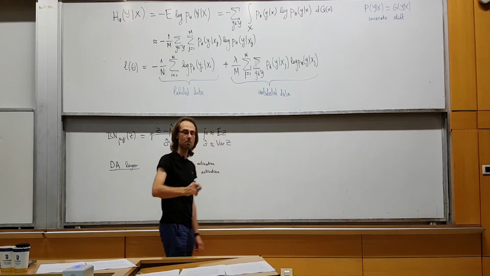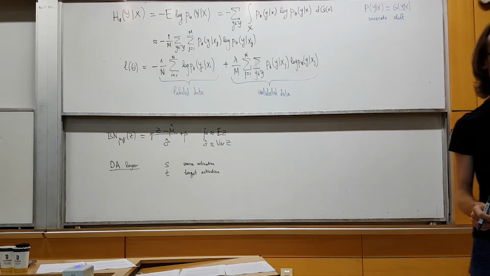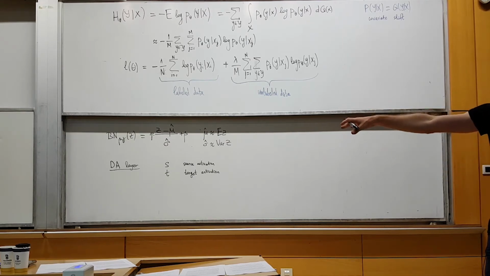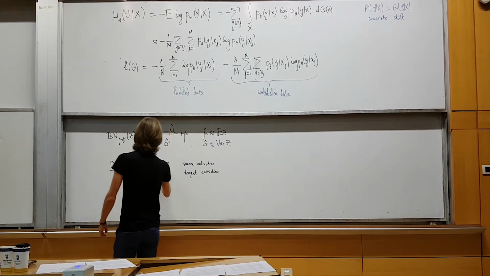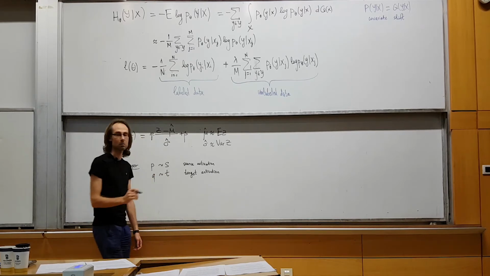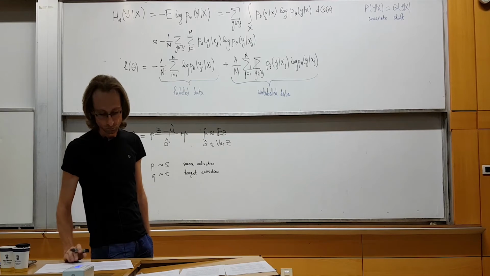So I have one feature map at a specific spatial location in some layer in the neural network. When I feed it with data from the source domain, I'm getting a random variable S that is distributed somehow according to distribution P. And T is distributed according to some distribution Q. Two different distributions.